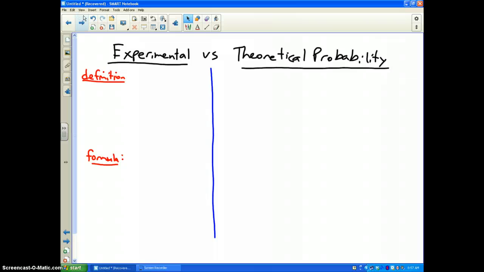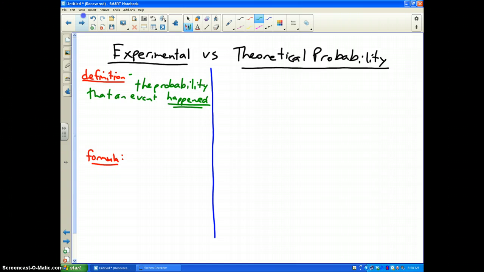Now, let's talk about experimental versus theoretical probability. Using the idea of sample space will help us. Now, experimental probability. First of all, the definition. The definition is the probability that an event happened.